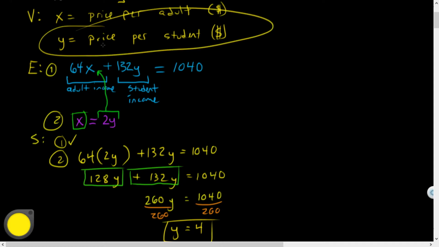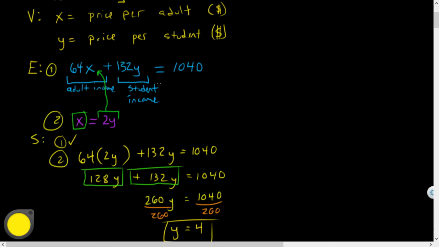Y is the price per student. So if I say Y equals 4, that means student tickets are $4. Okay. All right.